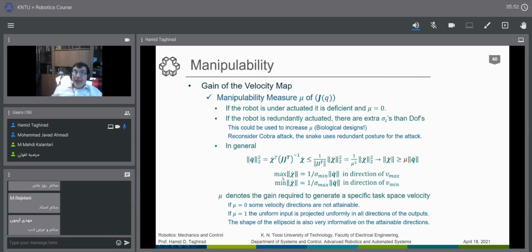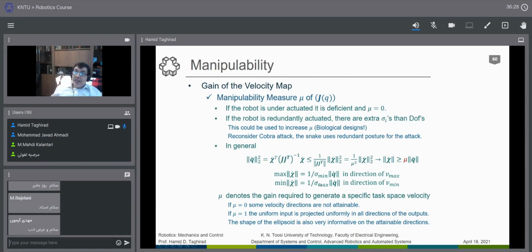We can say that the maximum norm of speed that we can get in the task space is 1 over the minimum singular value of the Jacobian, and this is in the direction of the V max, the direction in which this singular value is obtained. And the minimum one is 1 over the maximum singular value of the Jacobian.